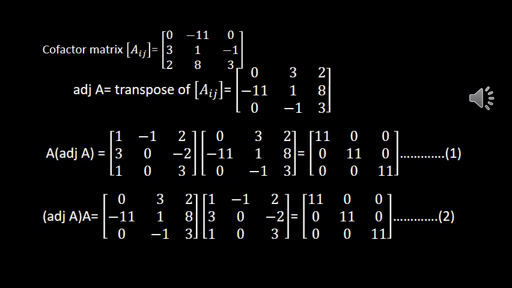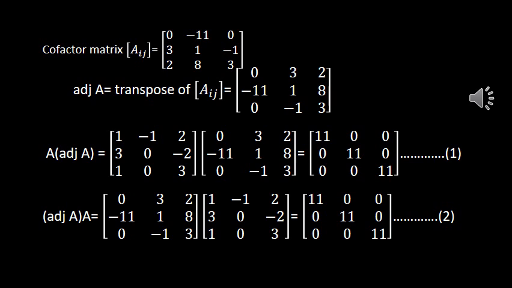So this is 11, 0, 0. Similarly, the first element of the second row of the product is obtained by multiplying the second row with the corresponding elements of the first column and then adding.